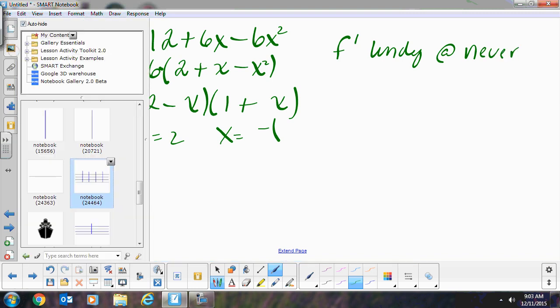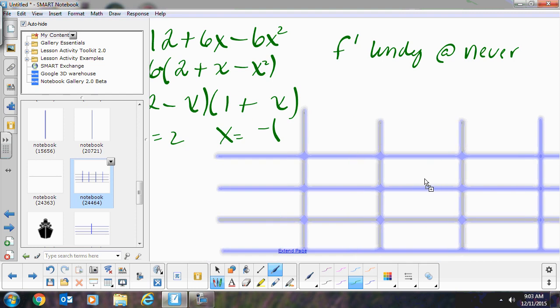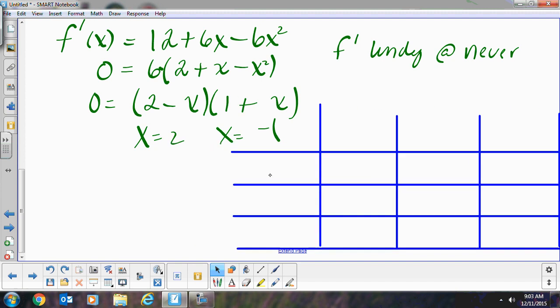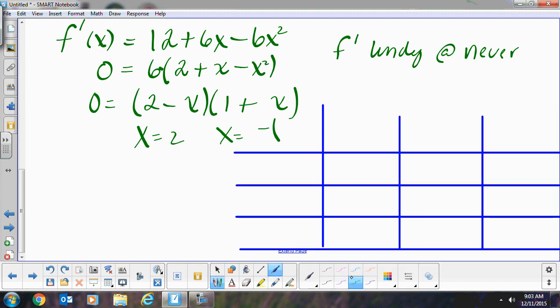So what do you need to do? Table. And I've got 2 numbers to put into my table, which means I'm going to need 3 pieces. All right. So we're going to do negative infinity to negative 1, negative 1 to 2, and 2 to infinity. So test value, what do we have? Give me one.